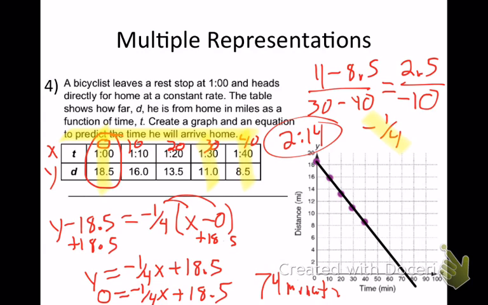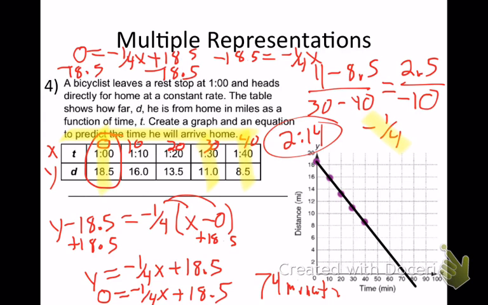Wow. 74 minutes. Basically, what you'd have to do is subtract 18.5 and then divide by negative 1/4. So you have 0 equals negative 1/4 x plus 18.5. So I'd subtract 18.5 and get negative 18.5 equals negative 1/4 x.